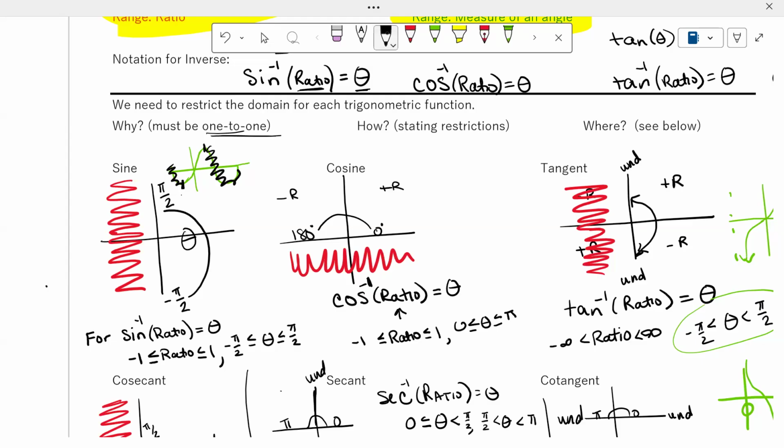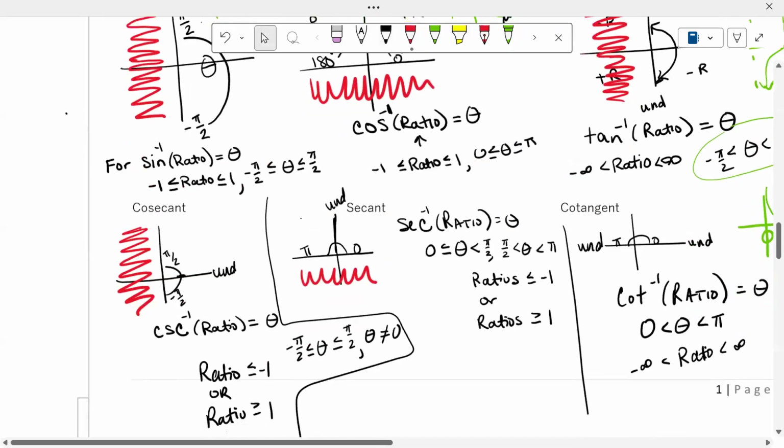Okay. For cosine, very similarly, we would slice it here at 0 and here at pi, 0 to pi. So it has one-to-oneness, 1x for each y, 1y for each x.